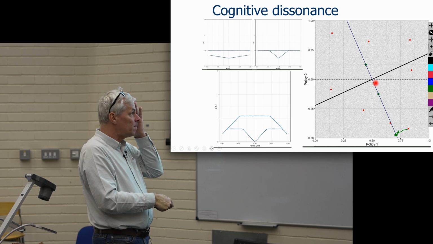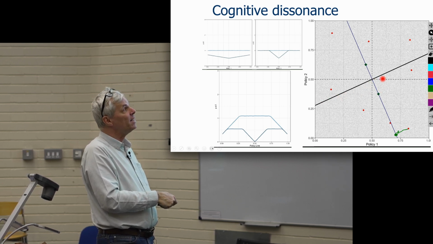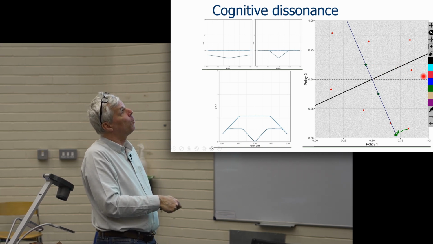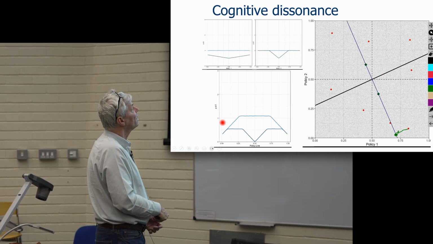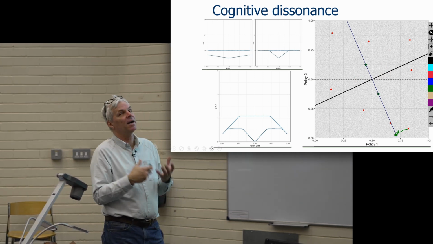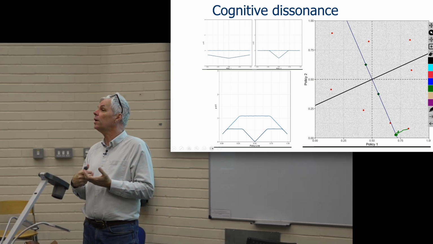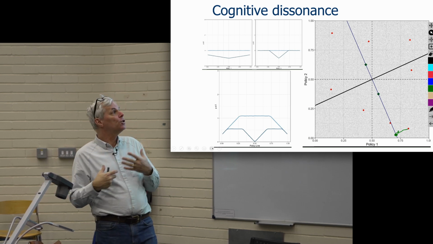And if we look at those people, if we're really close to this policy line, everybody's got cognitive dissonance, right? Because everybody in both of these quadrants has cognitive dissonance in something. So here, instead of looking at who has cognitive dissonance in policy 1, who has cognitive dissonance in policy 2, we're looking at who has cognitive dissonance in anything. And there's nobody that doesn't.